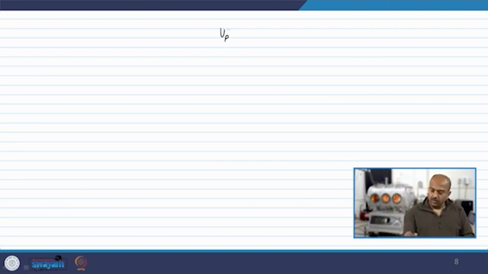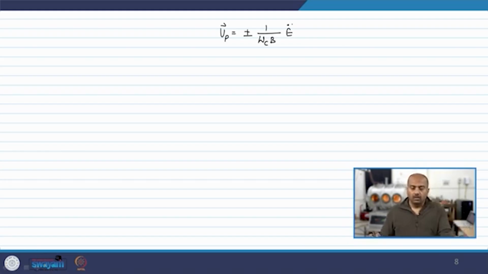So, if we take this expression ahead, Vp is equal to plus minus 1 by omega c B E dot. What you have to understand is this velocity depends on the mass of the particle as well as the charge of the particle, or the polarity of the charge, which means if you have a collisionless plasma, and if this collisionless plasma is subjected to an electric field, the electric field will separate the charges.